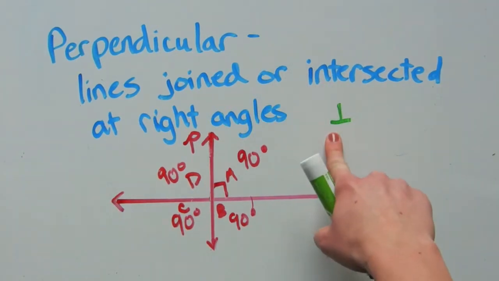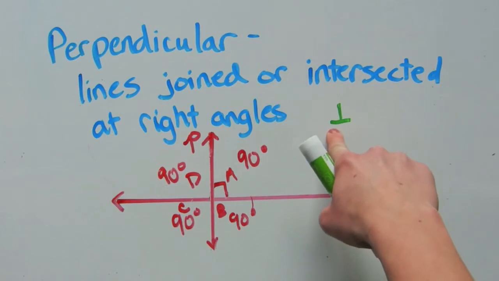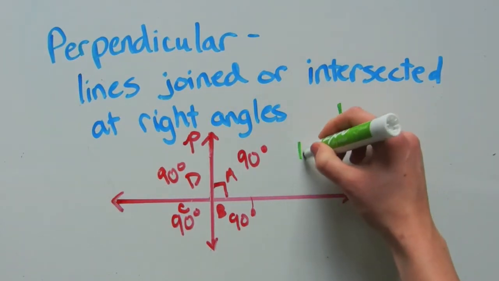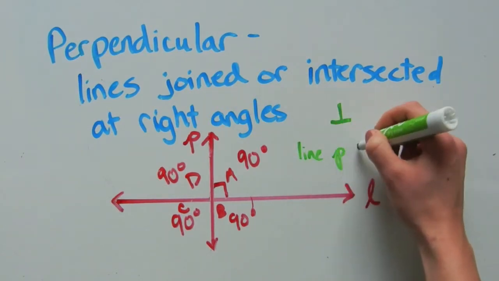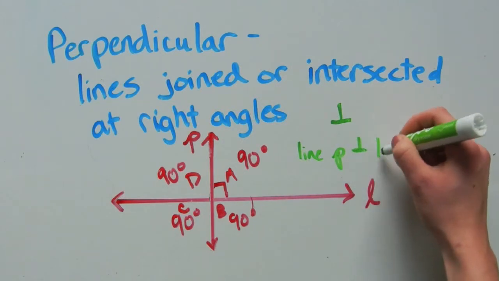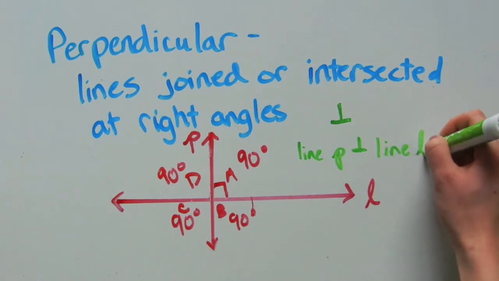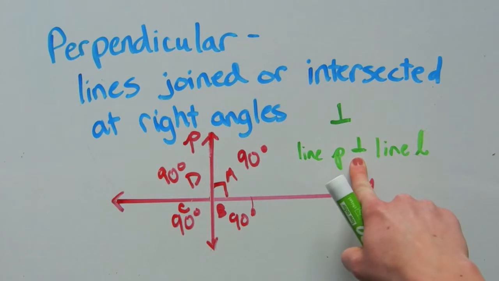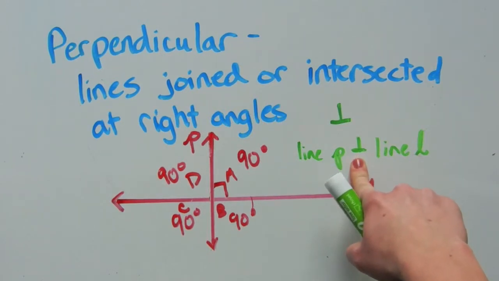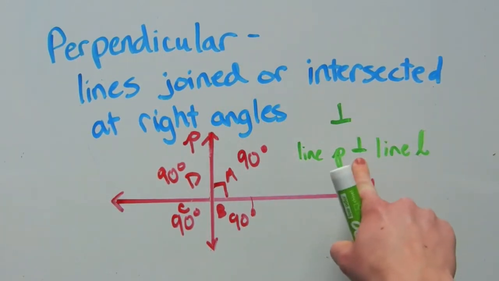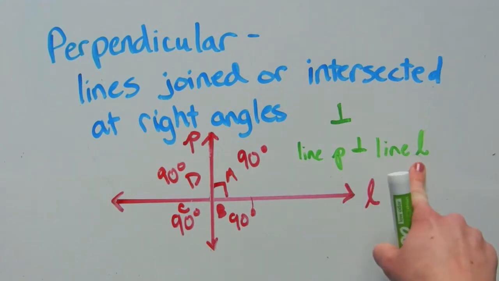It's read as is perpendicular to. I can write line P is perpendicular to line L. So the symbol is read as is perpendicular to. Again, line P is perpendicular to line L.